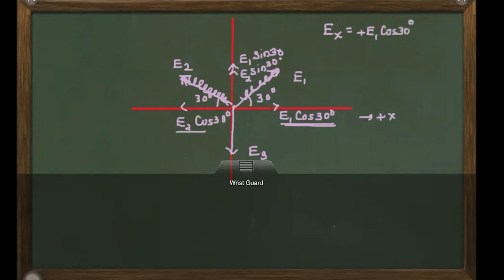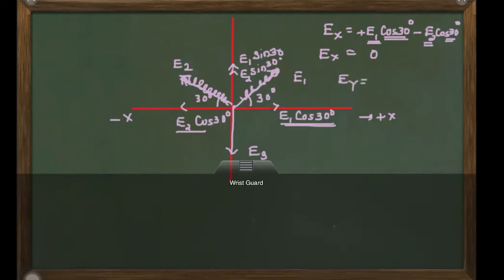And this one will be taken minus because this is towards negative x-axis. So minus E2 cos 30 degree. And you know that E1 is equal to E2. So they both will be same and their subtraction will be 0. So total x component is what? 0.